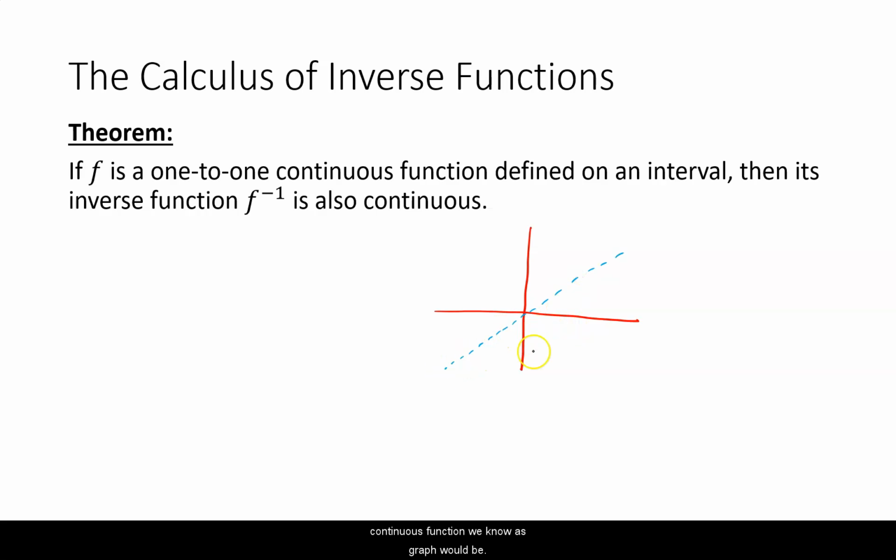If I have a continuous function, we know its graph would be a continuous graph, and so its inverse function certainly should also be a continuous graph. So it makes intuitive sense why this theorem would be true.